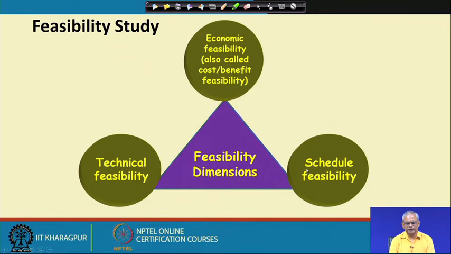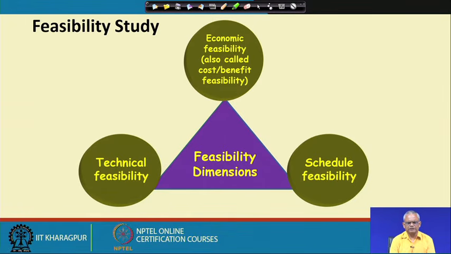The third feasibility that needs to be determined during the feasibility study stage is schedule feasibility. The time that the customer requires the product to be delivered, can the development complete by that time? During the feasibility study, these activities are typically undertaken by the project manager.